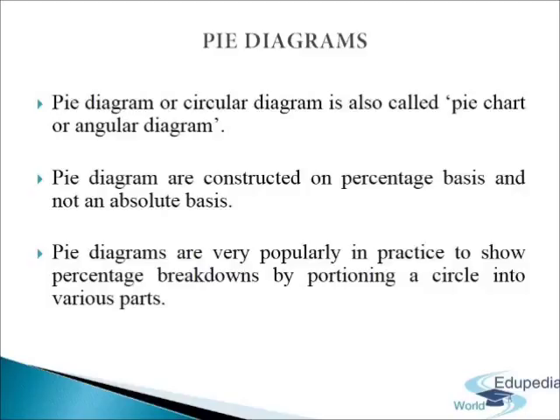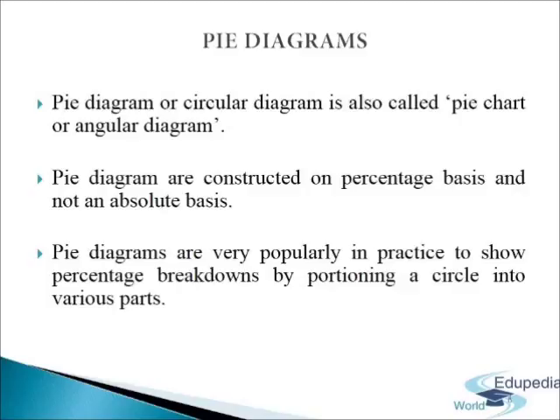However, if no comparison is to be made and only one pie diagram is required, we may use any circle. Pie diagrams are very popular diagrams used for representing breakdowns of an aggregate into its component or subdivisions. This diagram is generally used to compare the relationship between various components.